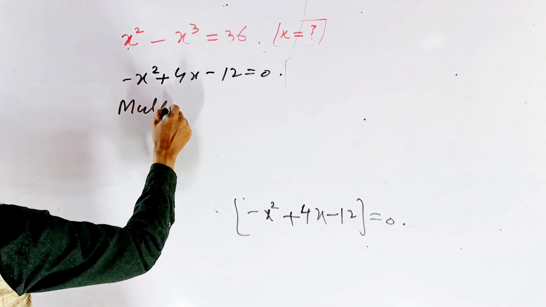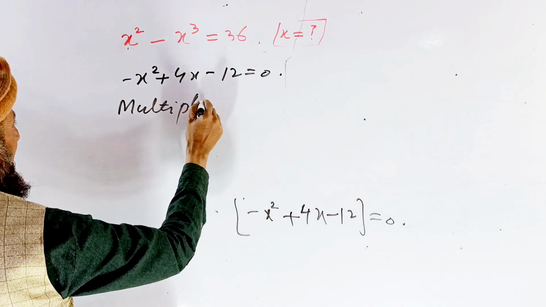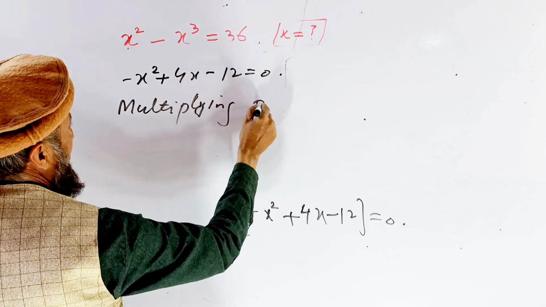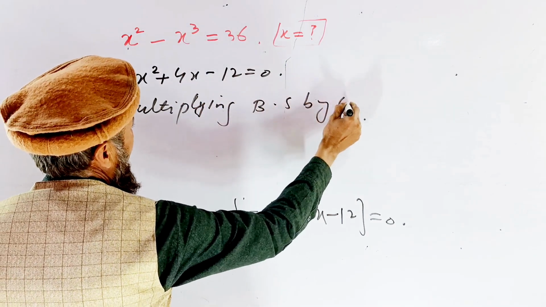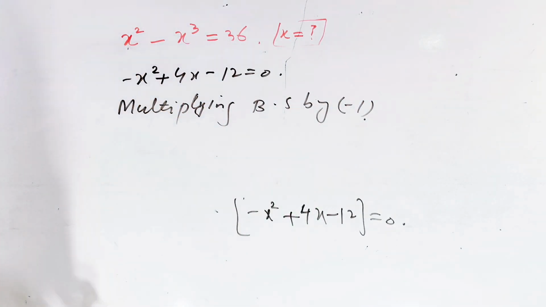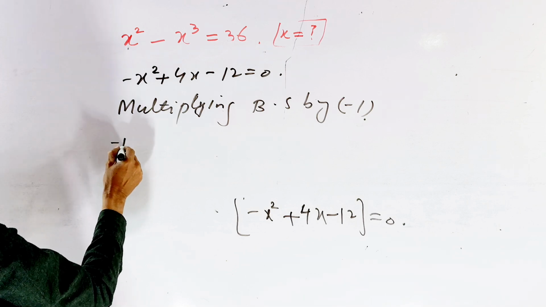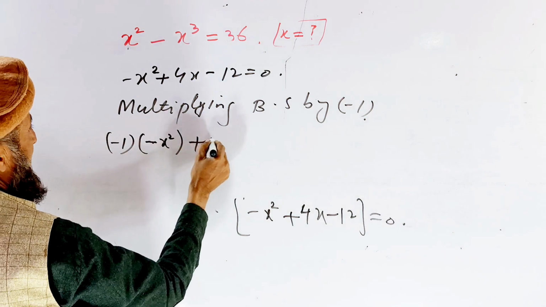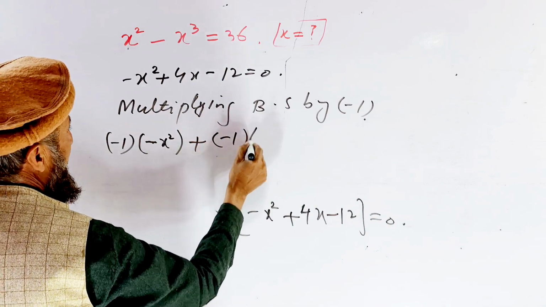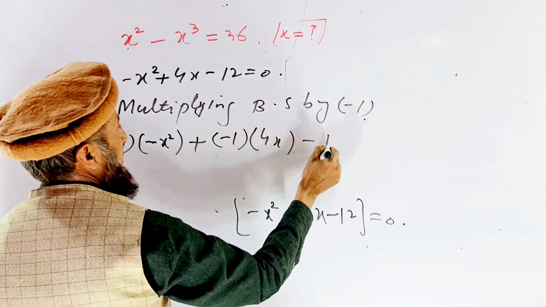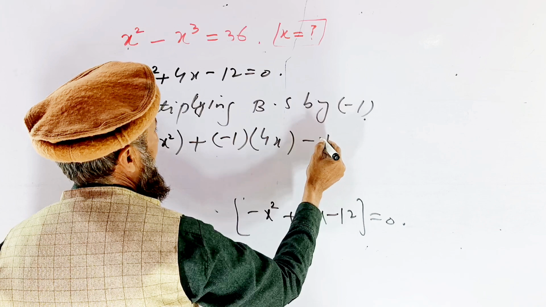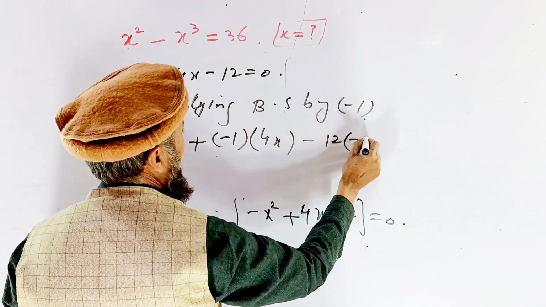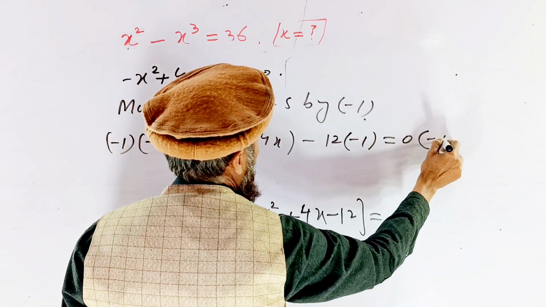Multiplying both sides by minus 1, because we need a positive term, so this will be minus 1 into minus x square plus minus 1 into 4x minus 1 into minus 12 is equal to 0 into minus 1.